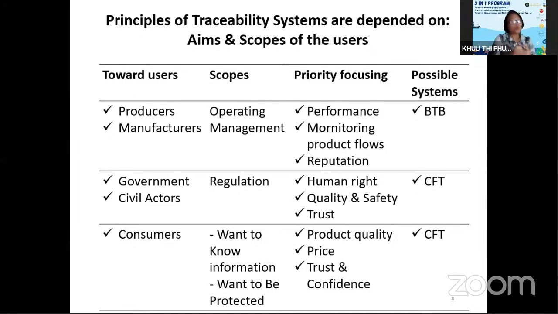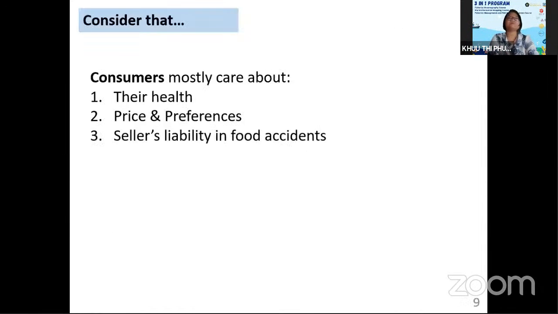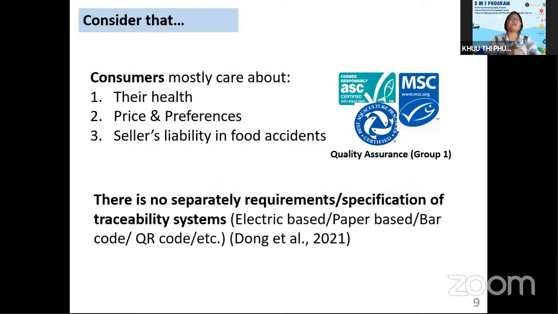But if we want to share information with the consumer, we have to implement the CFT traceability system. This means that all the information about the product we have to share with the consumer as they require. And please see this slide.